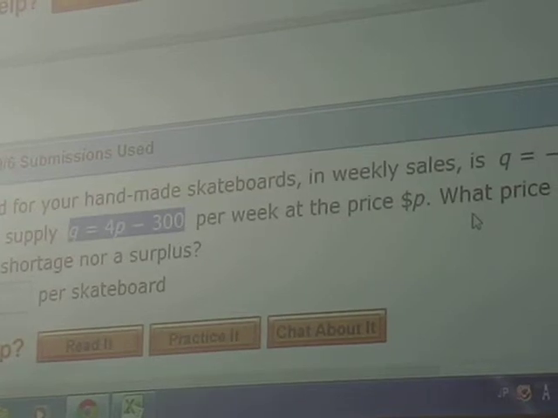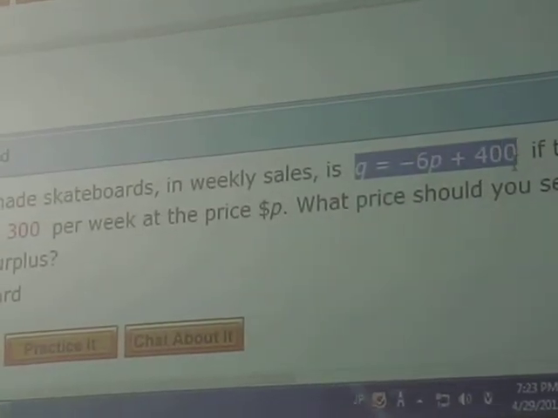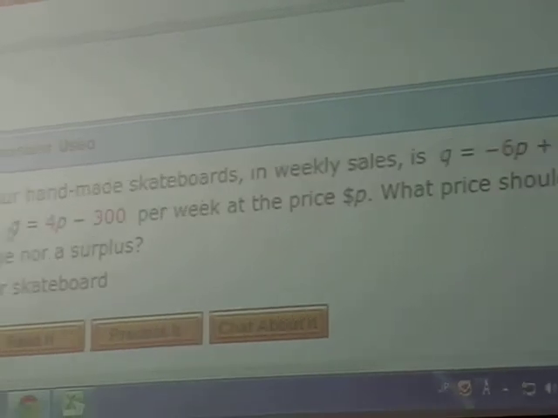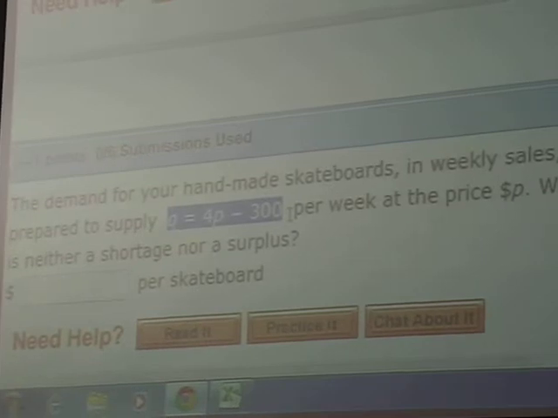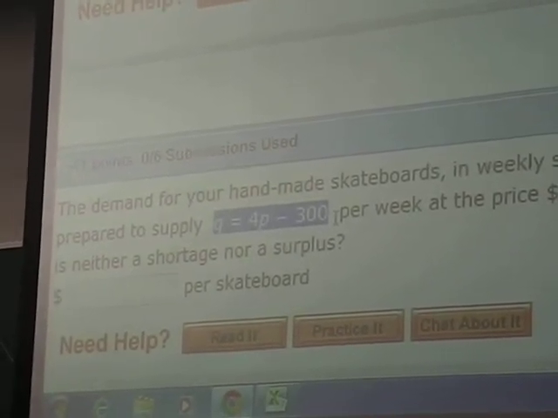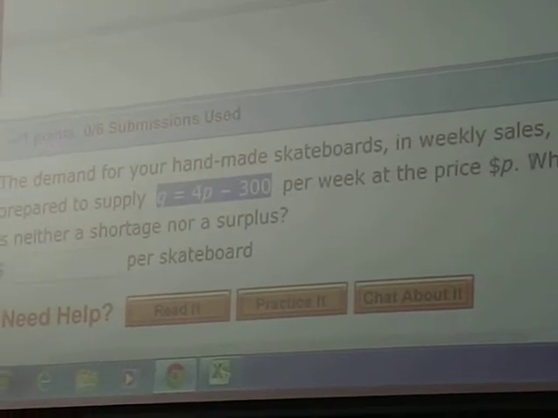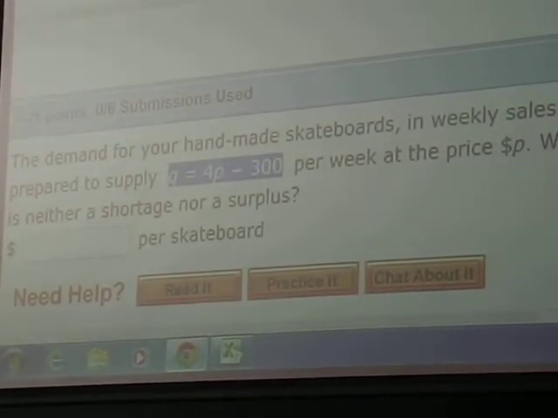Relatively easy, because this is a line, and this is a line. So hopefully, you can find the intersection of two lines. That's not very hard, right? You're supposed to know how to do that. So you should be able to find the equilibrium price in this particular problem without too much difficulty. You just have to find the intersection of those two lines.